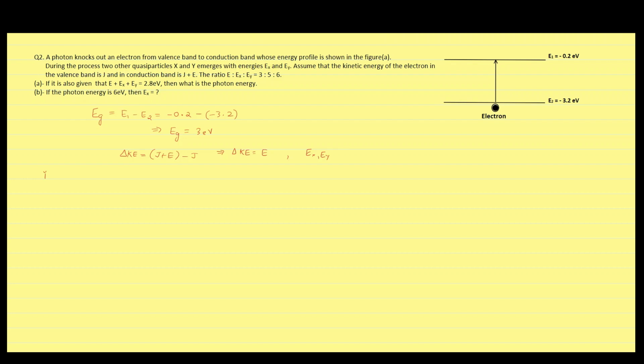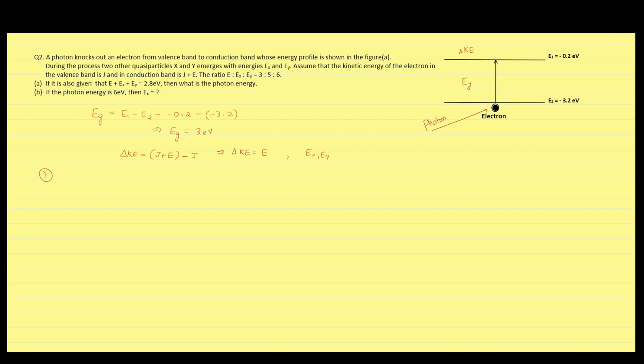Now, for the first part, first you have to understand that suppose that we have a photon which is striking the electron like this, and this photon energy is completely dissipated into 4 components. First part of energy is used in overcoming the energy band gap. Second part is used in the change in kinetic energy.